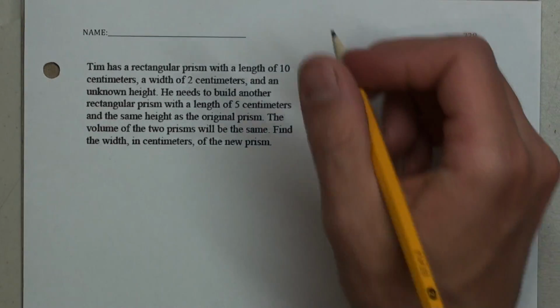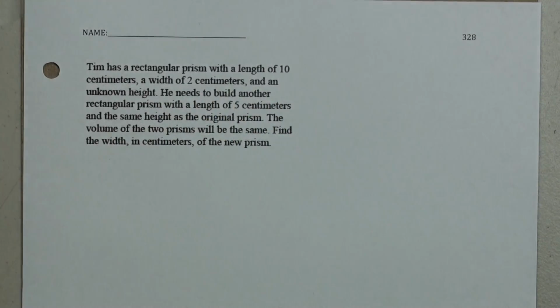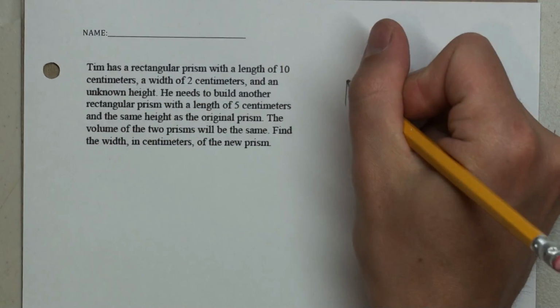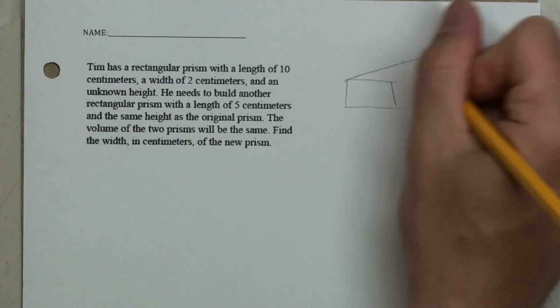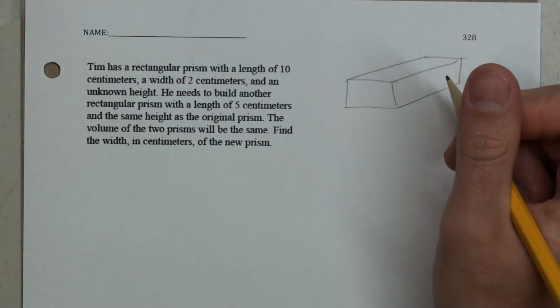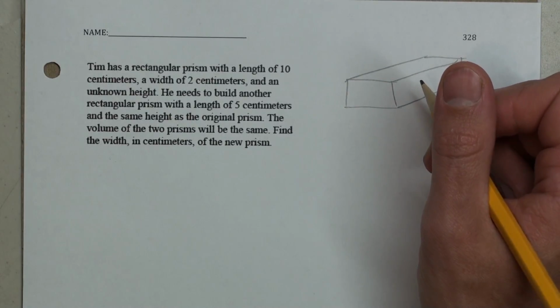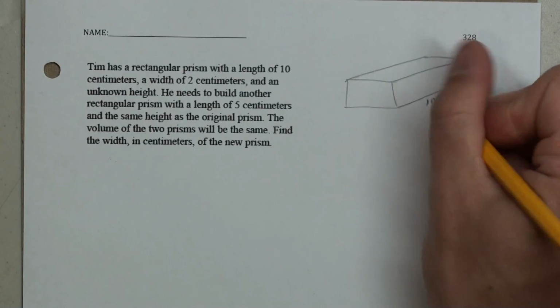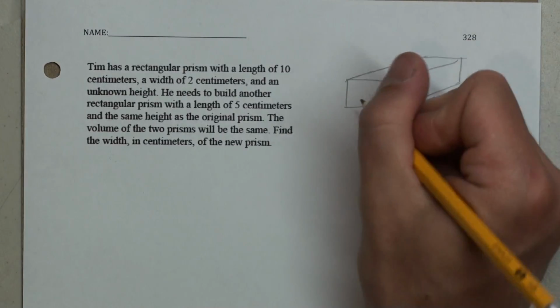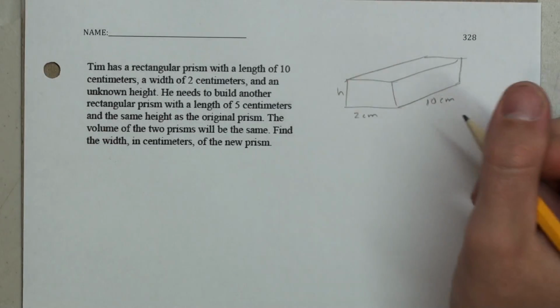Okay, we got a rectangular prism with a length of 10, a width of 2, and an unknown height. So let's see, a length of 10 centimeters, a width of 2 centimeters, and an unknown height.